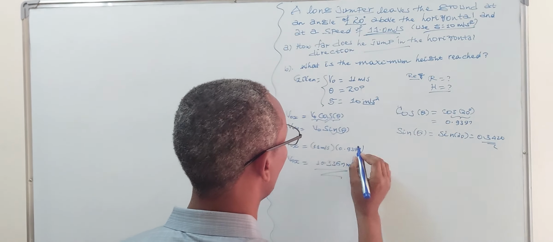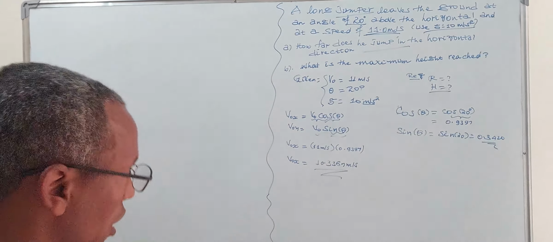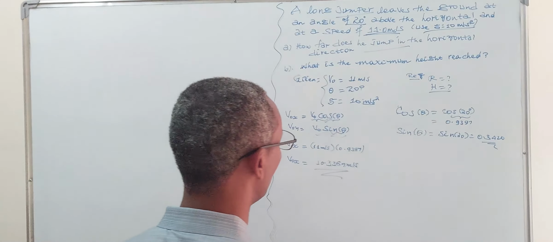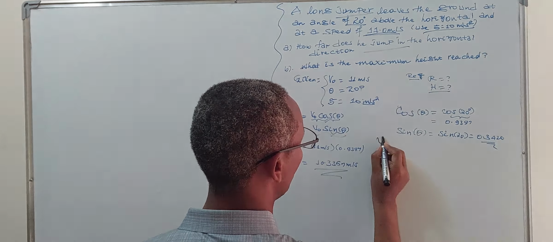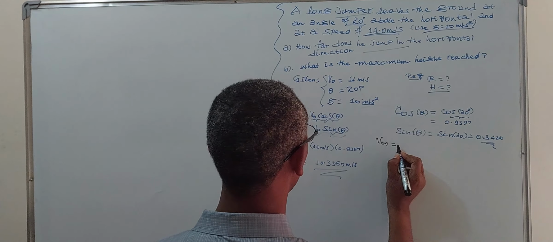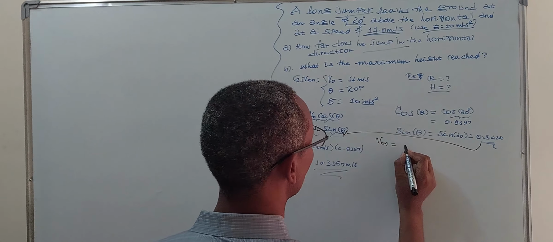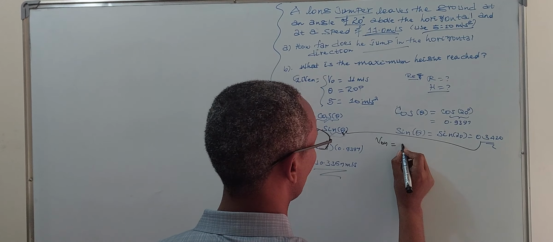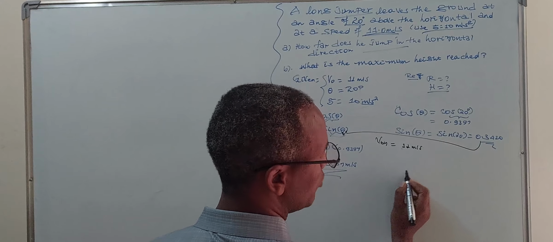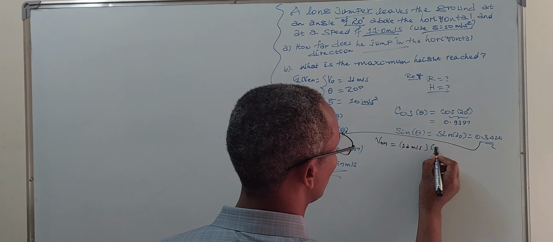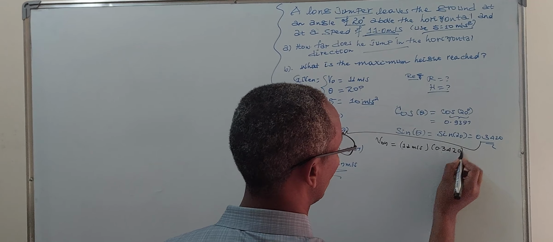Okay. Now we need to calculate the vertical component as well. The vertical component V sub Y is equal to, as you can see, you just need to plug in this term over here. So V naught is equal to 11 meters per second, times 0.3342.